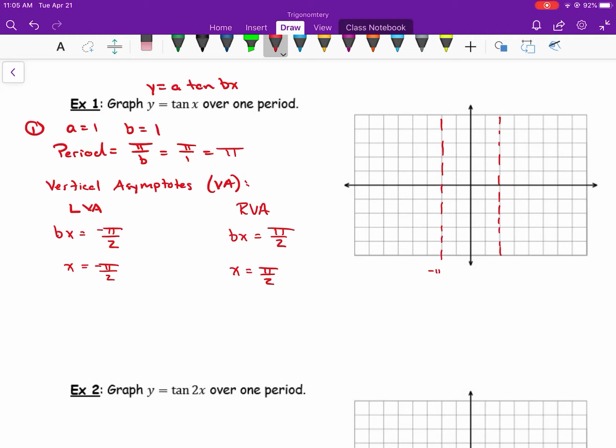Alright, and then we'll label them. This is negative pi over 2. This is positive pi over 2. And then we're going to take these pieces and chop them in half. So step 2 we just did, that's graph the vertical asymptotes.